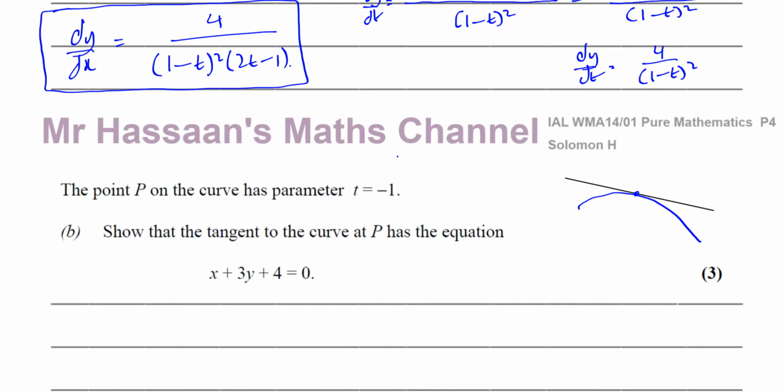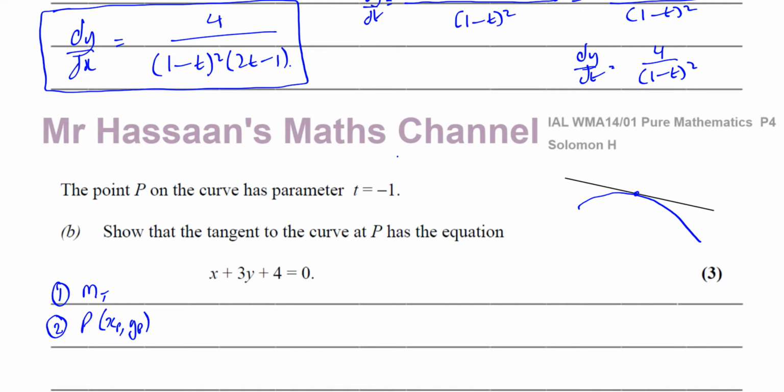So if I want to find the equation of the tangent to the curve, I need two things. I need the gradient of the tangent at the point P, and I also need the x and y coordinates of the point P. Then I can show that the equation of the tangent is this.